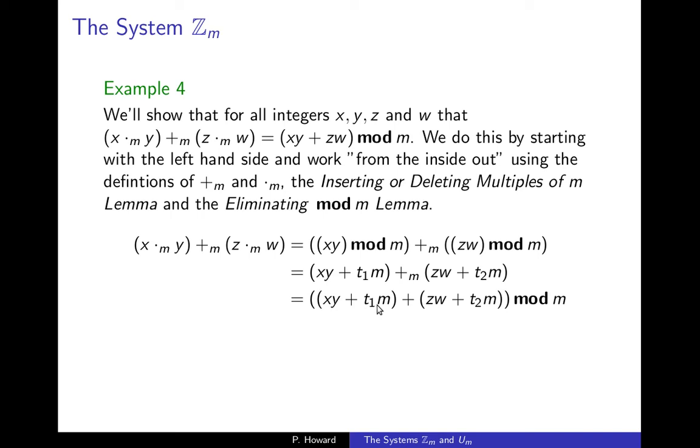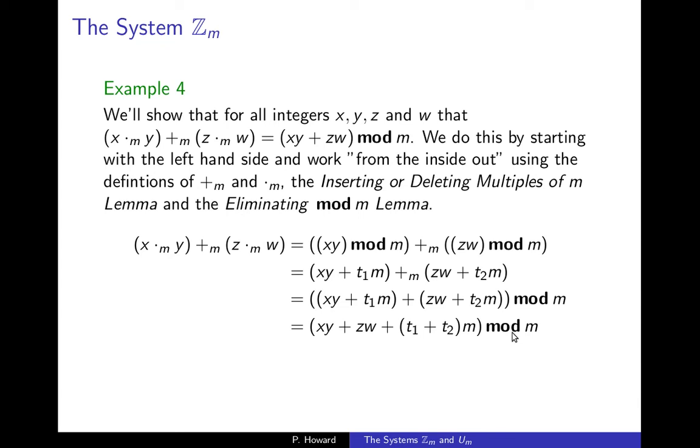We will basically combine the two m terms, t1 times m and t2 times m. So if we do that and factor out the m, we get the quantity xy plus zw plus t1 plus t2 times m, that whole thing mod m.